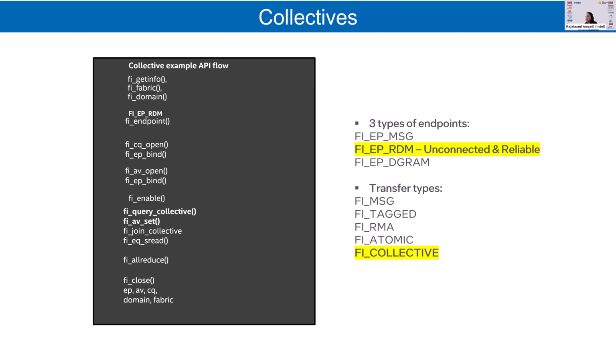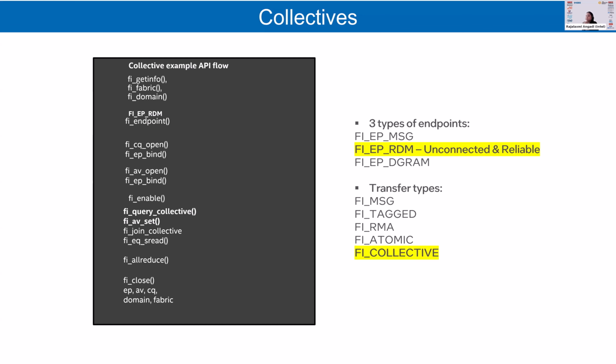For example, if we are doing a broadcast and we send that broadcast message to the multicast address from the AV set, then it is sent to all of the peers that are part of that group. Now this is identifying the membership.